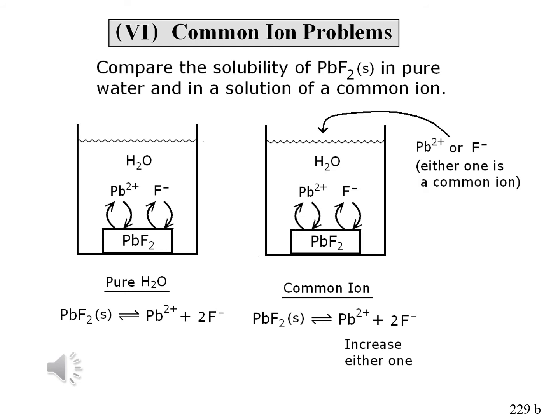So the question is, what happens if you increase the concentration of either one? If you increase the amount of either the lead ion or the fluoride ion, you'll shift away from those by Le Chatelier's principle, and since you're shifting towards the solid, the salt will become less soluble.